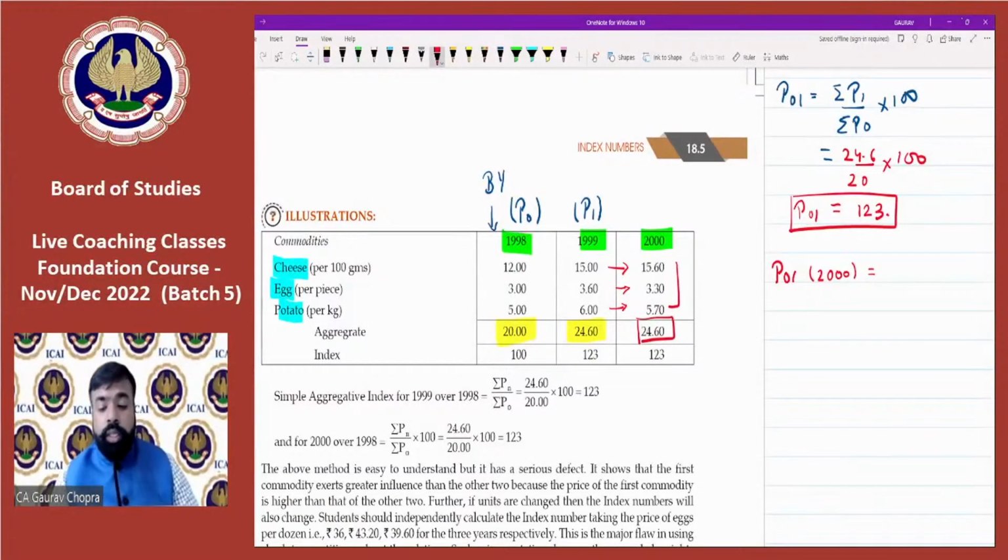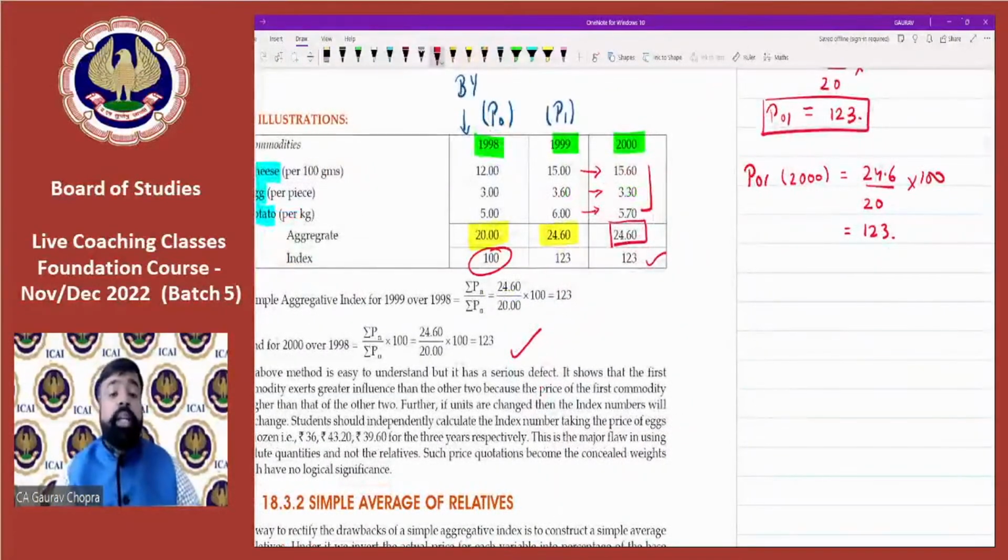Because of this, the index number will remain the same: 24.6 divided by the base year 20 and multiplied by 100, which is 123. So for 98 it was 100, for 99 it is 123, and for 2000 it is 123. Bhumika says understood, Lakshita understood, Zeva, Nikita, Manvi, great.